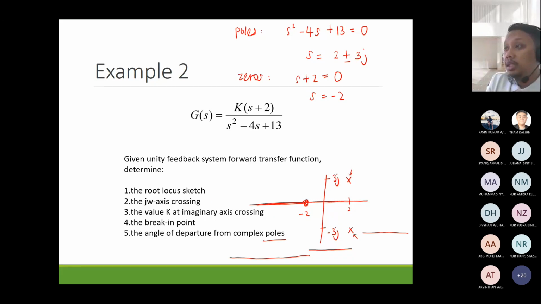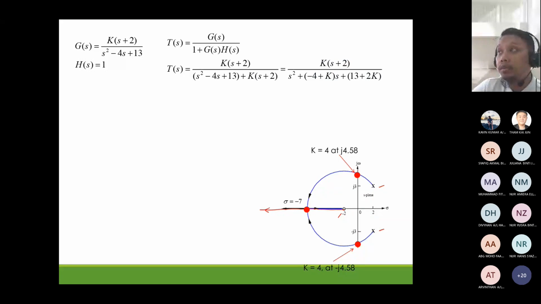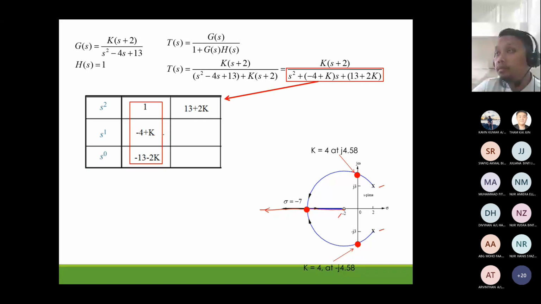To determine this, you need to find the closed loop transfer function, then use the denominator and the Routh-Hurwitz criteria table. Here you have the forward transfer function and feedback transfer function. Then you find the closed loop transfer function, and from here you generate the Routh-Hurwitz table.